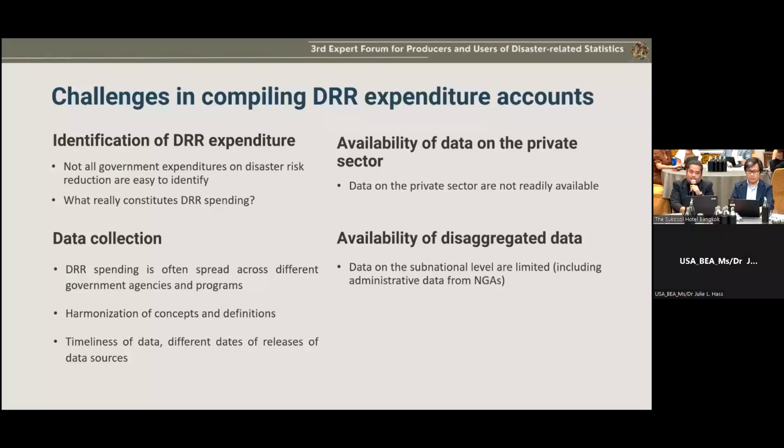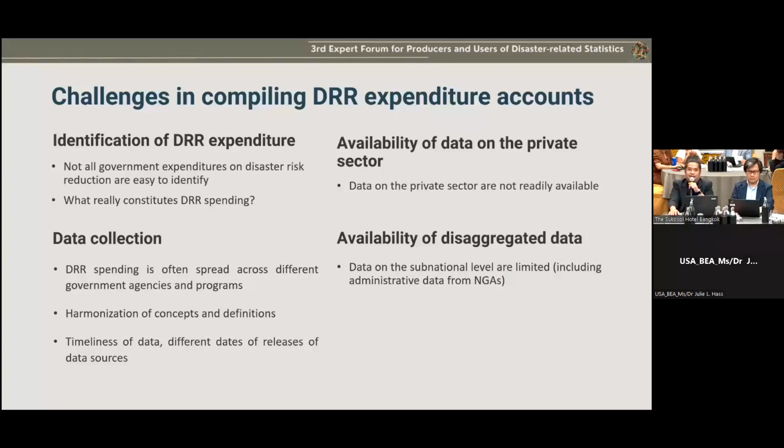So next, under the challenges, availability of data on the private sector. Private sector expenditures are often not reported, and they can be difficult to distinguish from other types of expenditures. Even the NGOs that were formed to alleviate the impacts of disasters do not report to the government.